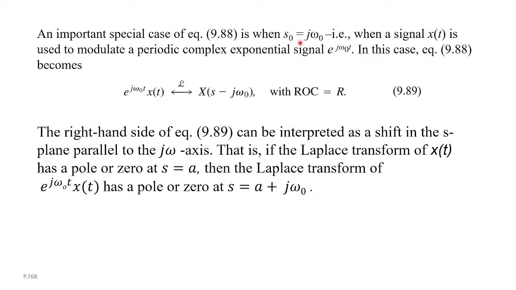If you shift your s by j omega naught, it means your x of t gets multiplied by e to the j omega naught t, and this multiplication is modulation. It can also be seen as modulation.